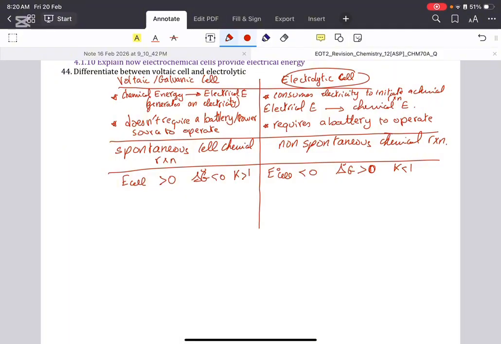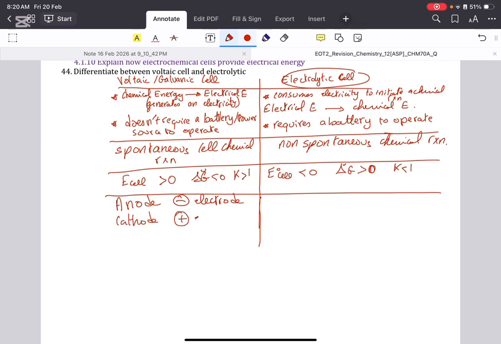Another important thing, a main difference between galvanic and electrolytic cell: the anode in the galvanic cell is the negative electrode, and the cathode is the positive electrode. Whereas in the electrolytic cell, the anode is the positive electrode and the cathode is the negative electrode.